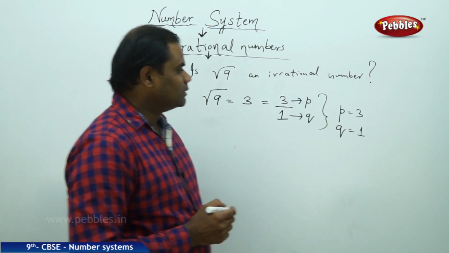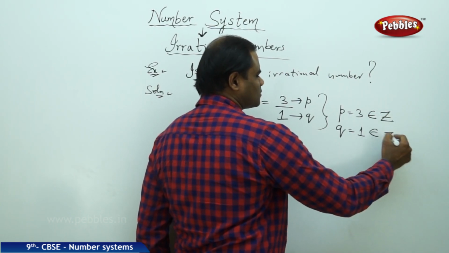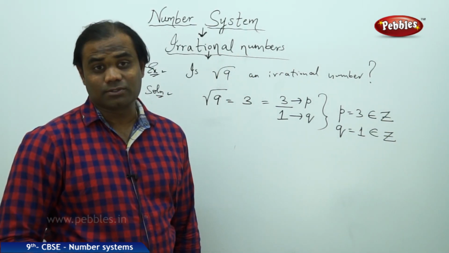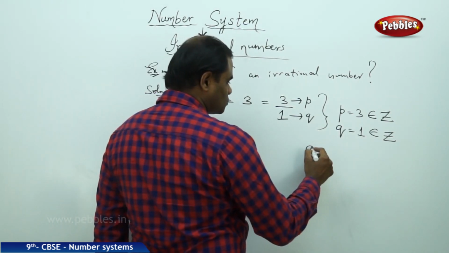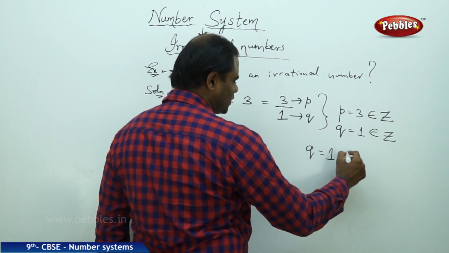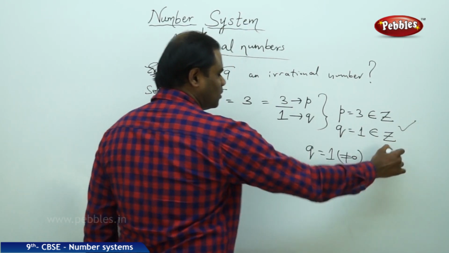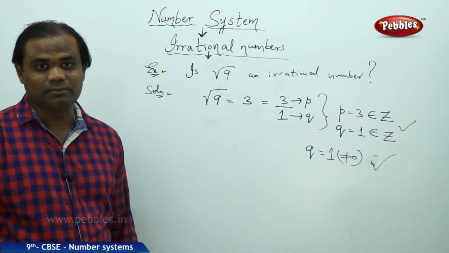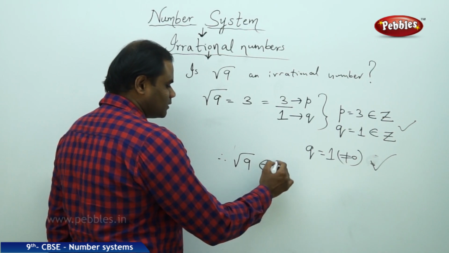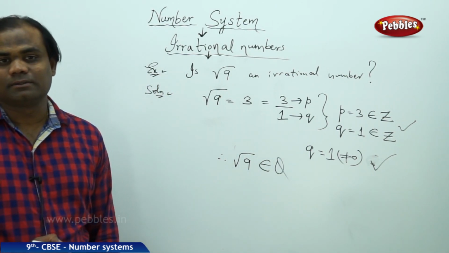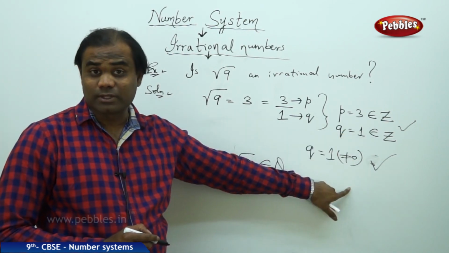Clearly these two pass through test number 1, as p and q belong to Z. And test number 2, because q equal to 1 can never be equal to 0, therefore this passes both the tests of the rational number. Therefore, I clearly understand root 9 is a rational number, because root 9, expressed as 3, passes the two tests.